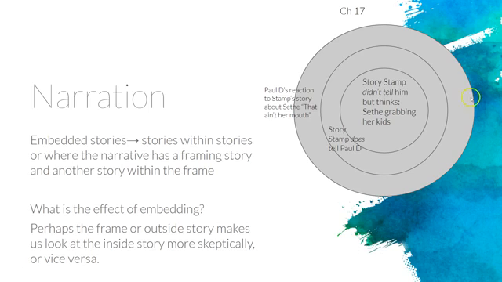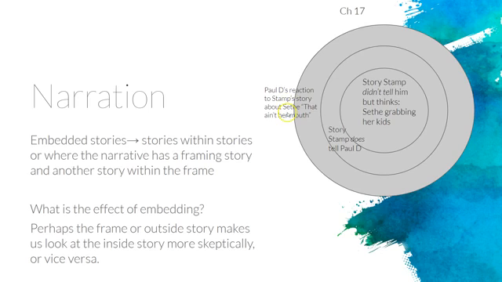So let's take a look at chapter 17. In chapter 17, there are different layers or nested stories within the story. For example, when we first open the chapter, we hear Paul D's reaction. He talks about "that ain't her mouth." And we know that this is the immediate story that's taking place.